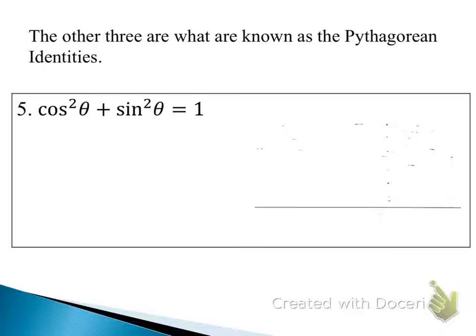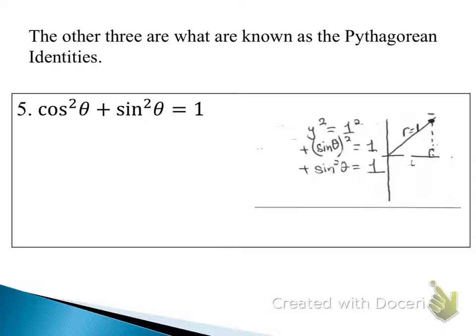Here's another one, the Pythagorean identity. The Pythagorean identity is based off the unit circle with a radius of 1, and so you're using the Pythagorean theorem on this. Okay, this identity really comes in handy.